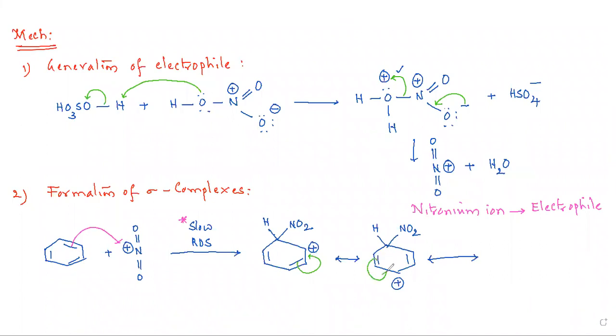Now this one. See, these are the sigma complexes. No big difference from what we have seen in the case of halogenation. Now, these all can be given in the form of this resonance hybrid.